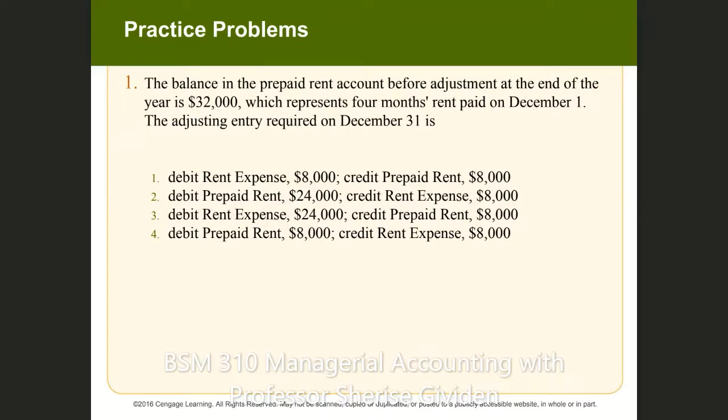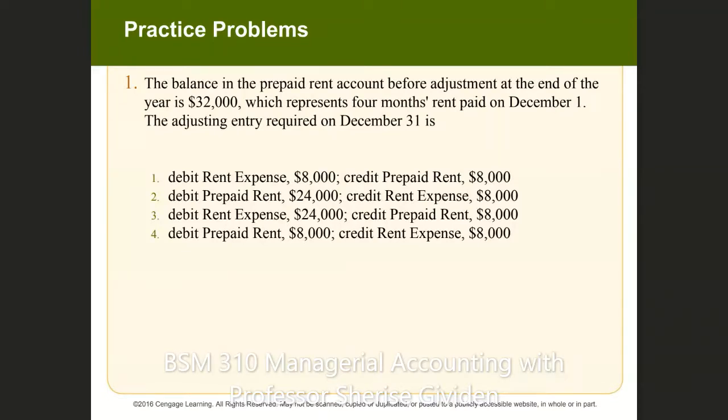Okay, then it's number 4. We paid that on December 1st. So we're taking an asset, the rent that's being paid, and taking the 8,000 out. I would say you would take out the 8,000 and credit the rent expense.